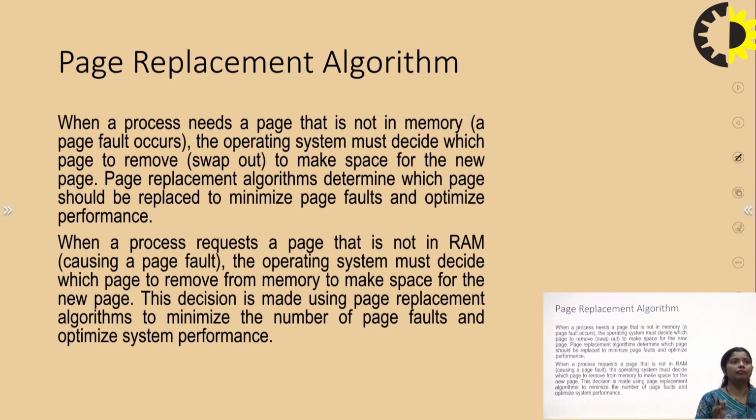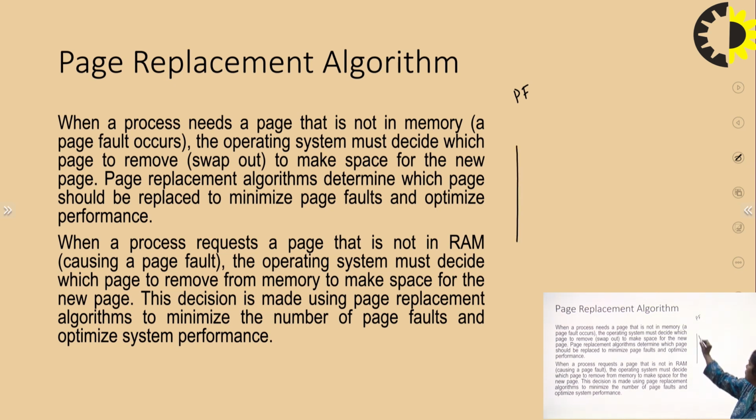So how are you going to replace these pages? When a process needs some page that is not in the memory, that is a page fault. What is the meaning of page fault? If the particular page is not found in that particular memory, then it is called a page fault.